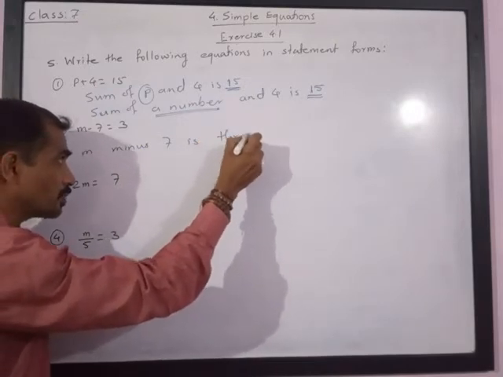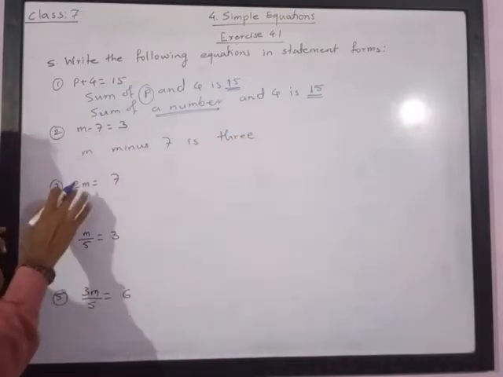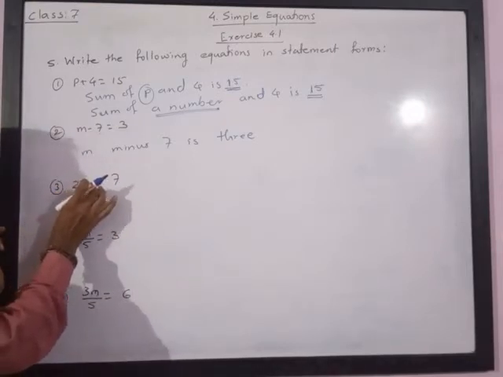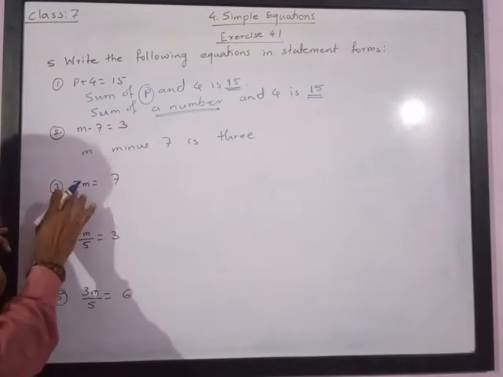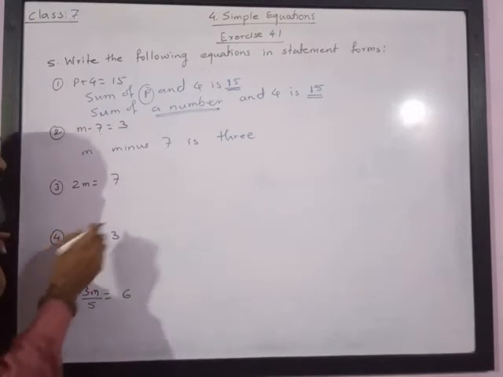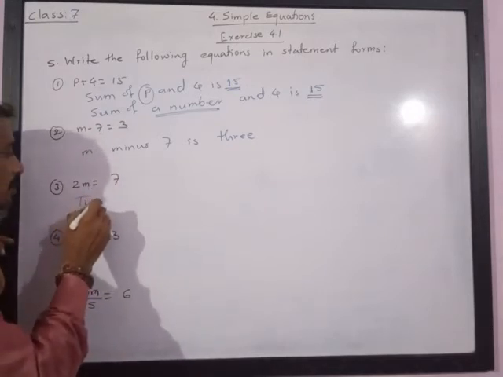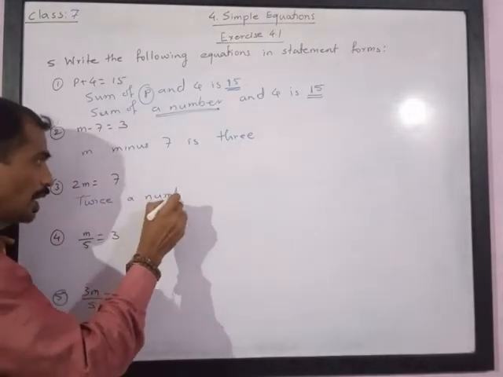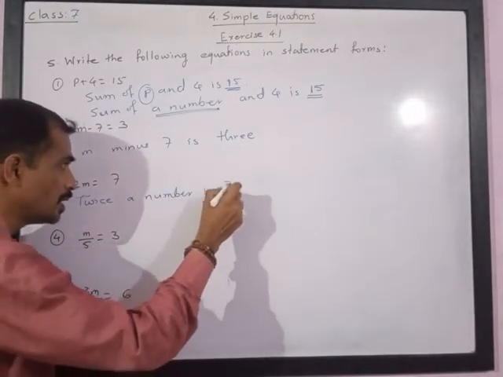Next is 2m is equal to 7. So here the product of 2 and m is 7, or you can say twice m is equal to 7, or 2 multiplied by m is equal to 7. Any one of the statements you can say: twice a number is 7.